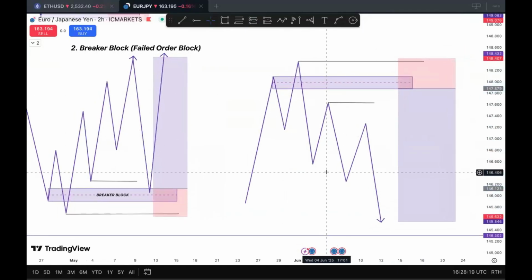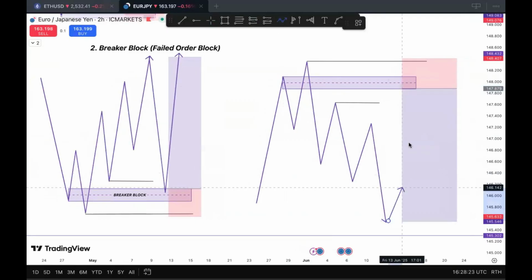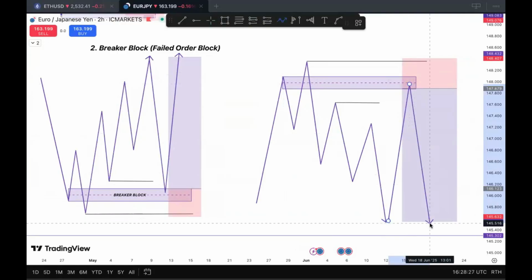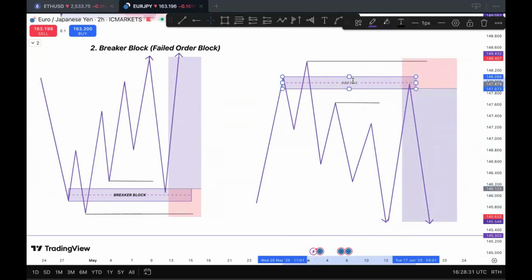So what will price do? Price will come back, tap into the breaker, and then boom. So this is the breaker.